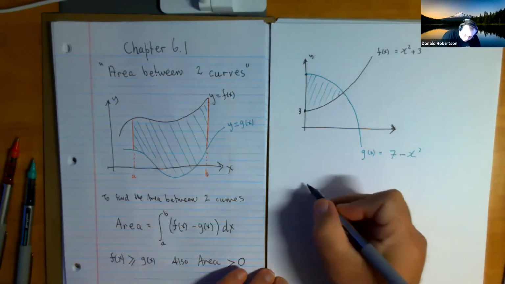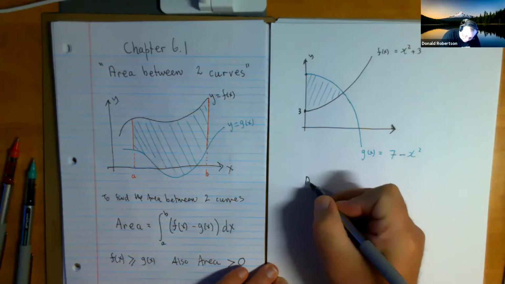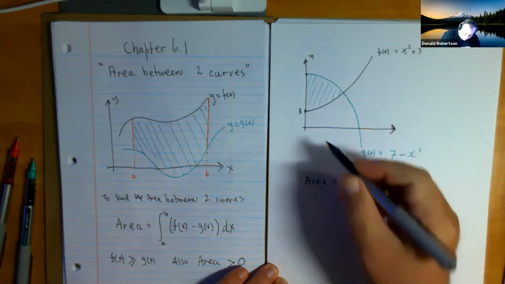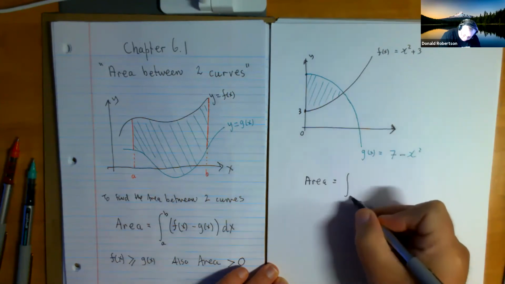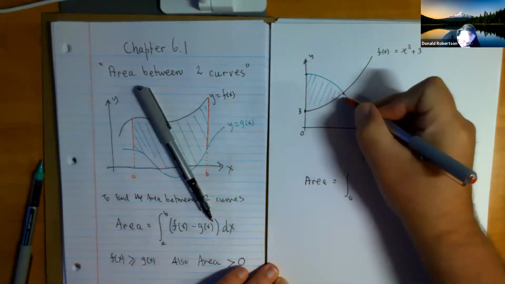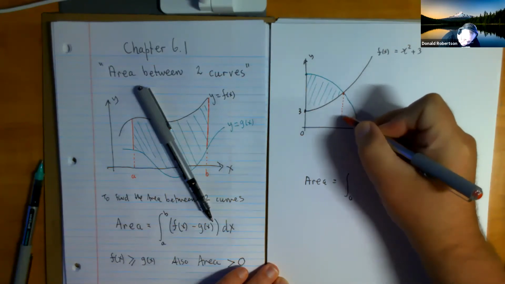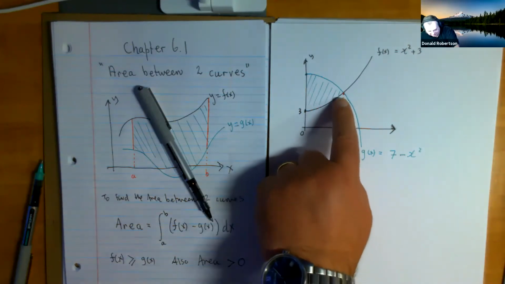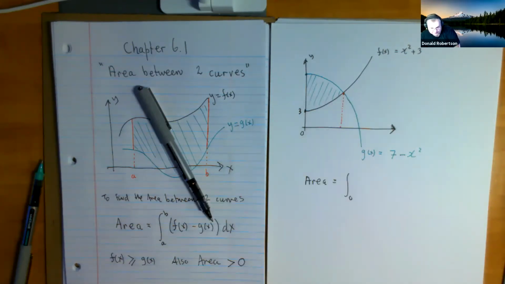So when I do this fella, and I want to find its area, I need to do the integral from, well, that's easy, 0. Wait a minute. Don't I need to know the second number? So can you see that sometimes you may have some extra work to do? How will I find the x coordinate of that number?